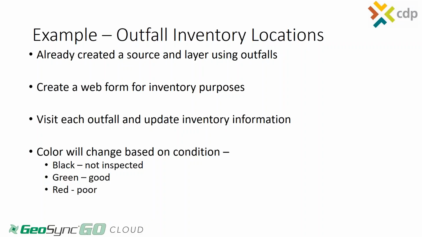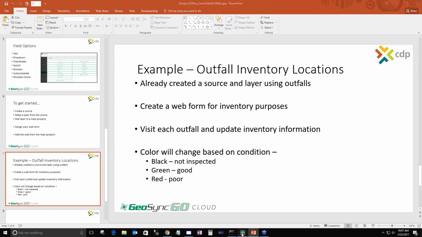And the way we've set this example up, the color on the symbol is going to change based on the condition that we're going to set, which if the symbol is black, it means we haven't visited that outfall yet. If it's green, it means it's in good condition. If it's red, it's in poor condition. So let's take a look at this example.